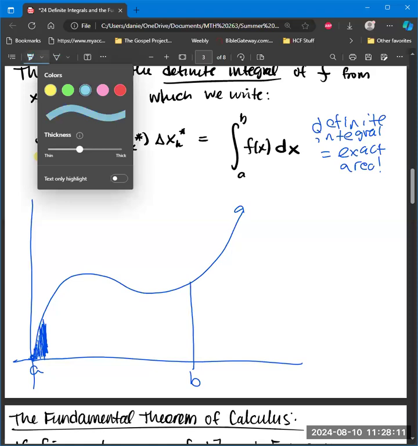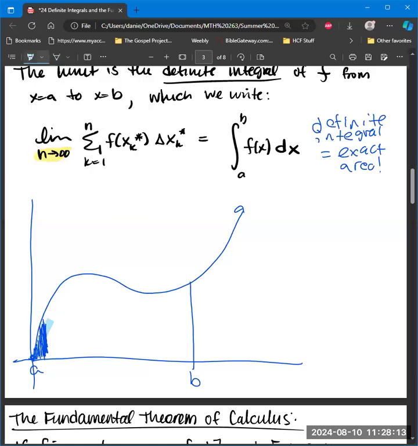So I'm going to get blue here. Instead of drawing all these rectangles, it's like I'm going to just color in the area of this curve with all those rectangles. Pretend that I've made rectangles that are all stacked next to each other and are this blue highlighter here instead of the dark blue pen.